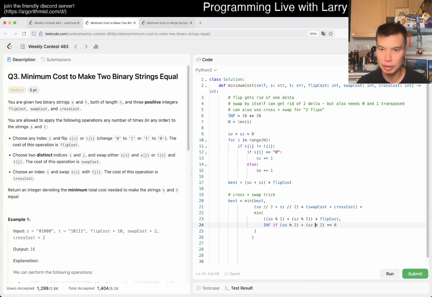They're both no. If they're both equal to 1, then we do a swap cost, else infinity, because else you have one extra and that would be taken into account. Flip cost. Okay.